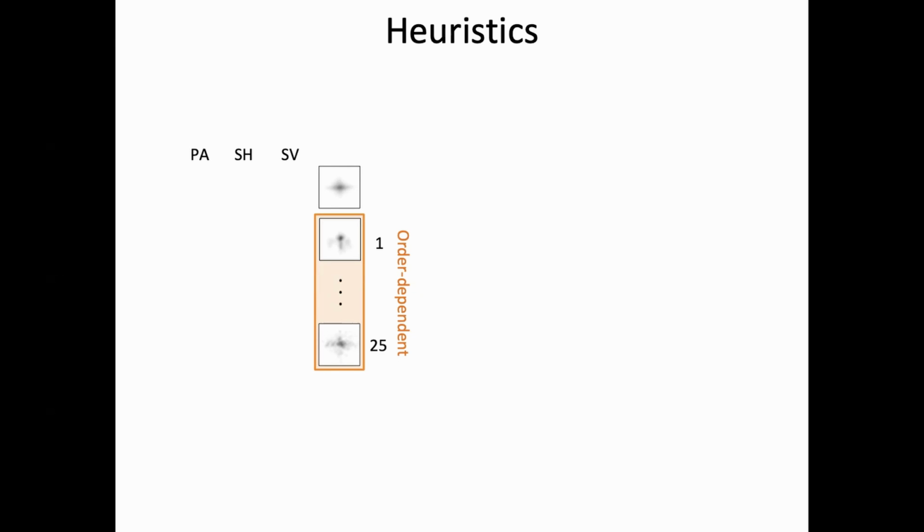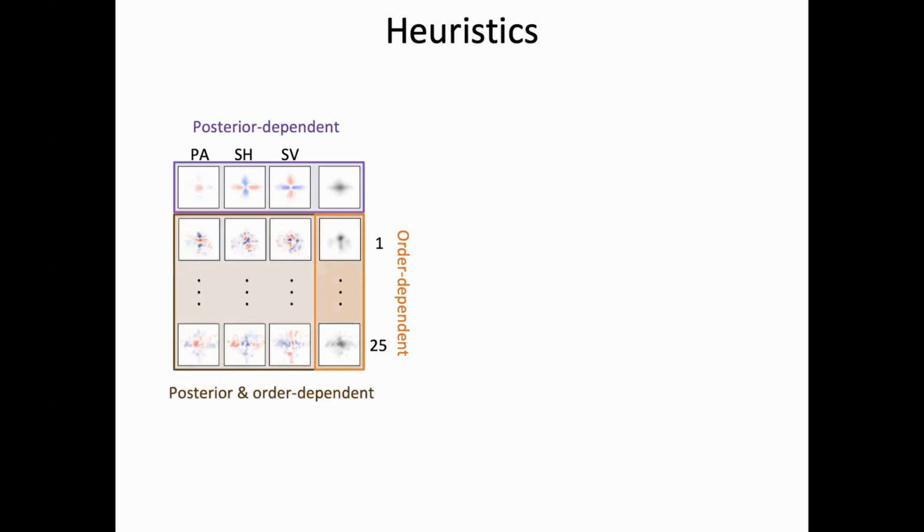Then it samples from the fixations that have that type as the underlying image pattern. This is done independent of the order of revealing numbers, so we call this heuristic the posterior dependent fixations. The final heuristic is called the posterior and order dependent fixations. And as the name suggests, it samples from the fixations in both a type-dependent and order-specific way.